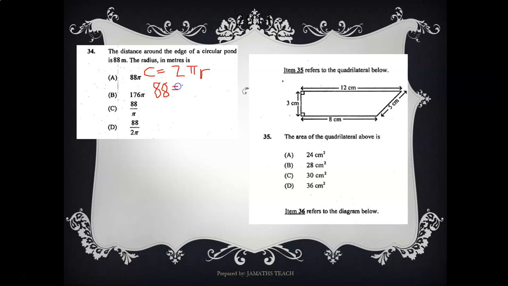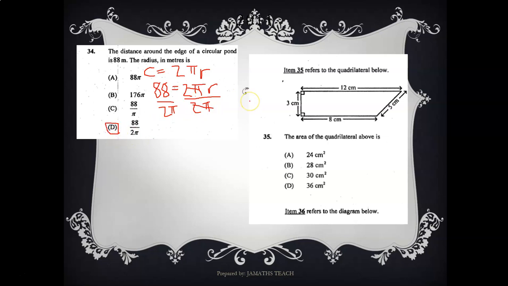As you can see in the possible responses, they have pi. They did not use the value of pi, so that's 2 pi r. We want the radius, so we divide by the coefficient of r, so we divide both sides by 2 pi. So 2 pi cancels 2 pi, and r is equal to 88 divided by 2 pi.